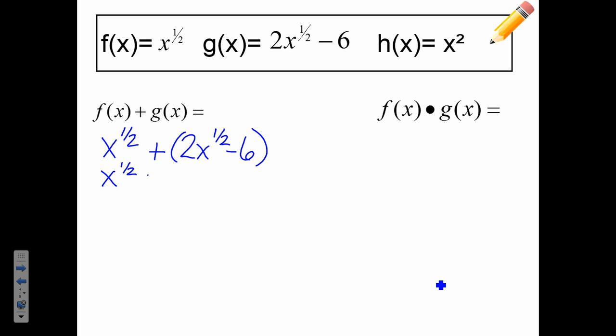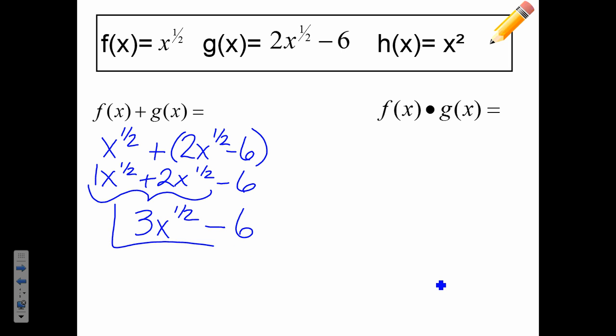So I'll just go ahead and drop down everything I have here and look for like terms again. Just like the last one, the x to the 1/2 terms are like terms. 1x to the 1/2 plus 2x to the 1/2 makes 3x to the 1/2. And then minus 6. So there's my simplified expression for f of x plus g of x. Now let's look at multiplication.